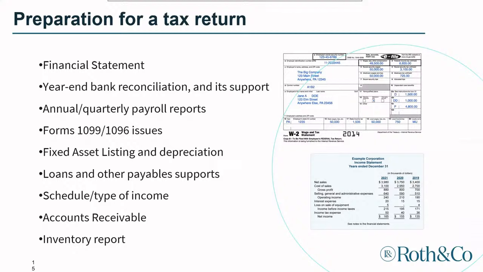So it will be like a final amount that will be reported in your tax return. With that also, we need the year-end bank reconciliation. So just make sure that the reported cash balance at the end of the year would equal the bank statement at the end of the year.